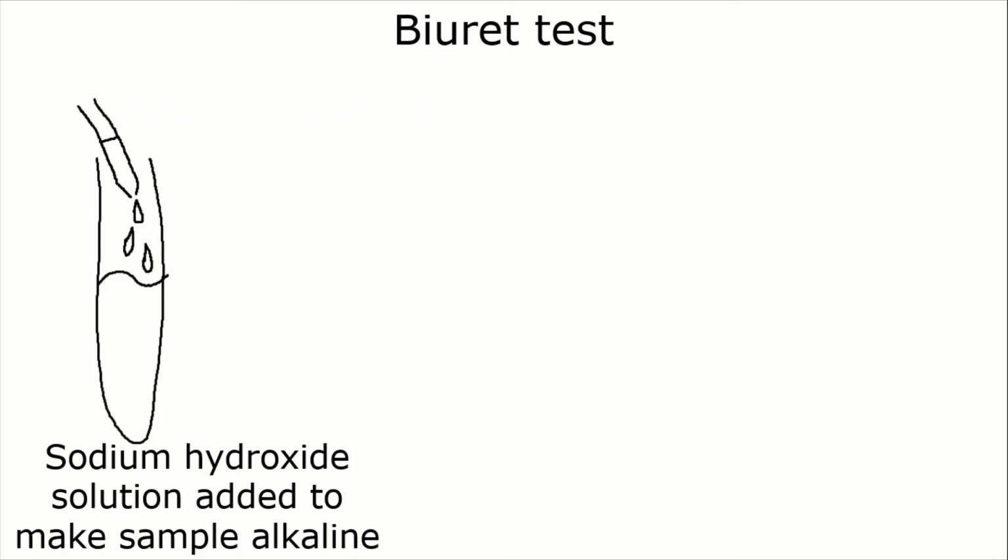So we add sodium hydroxide solution, and for anyone who's studying chemistry, we know that hydroxides are alkaline, so they are a metal attached to a hydroxyl group, so an OH group, and when they are in solution, they split into their positive metal ion and this negatively charged hydroxide, so OH-, and this is what makes our solution alkaline.